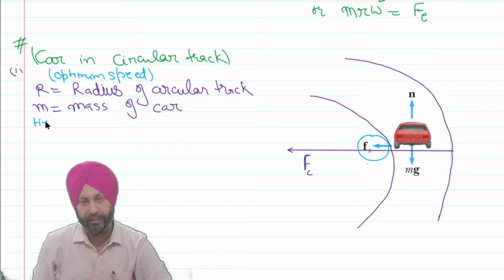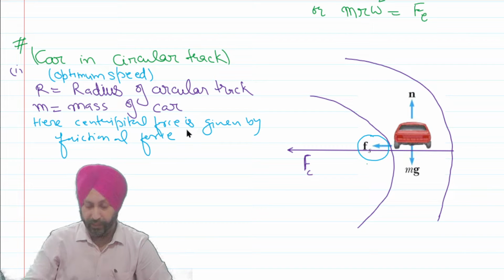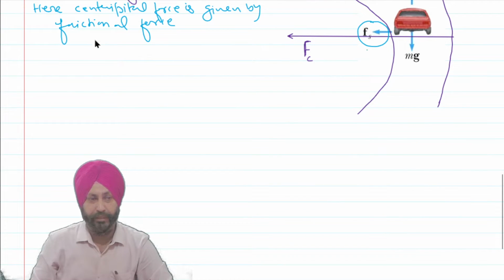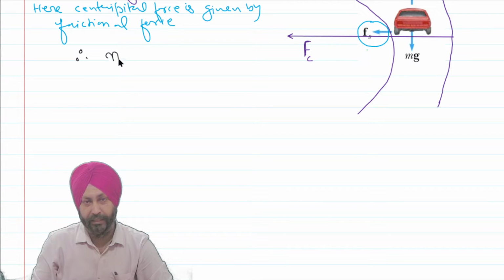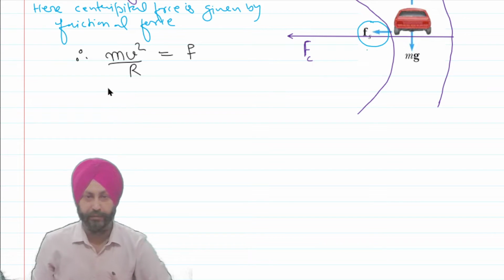The frictional force. Remember, what is centripetal force? Sir, you told us that centripetal force is mv square by r, and here friction is providing the centripetal force.